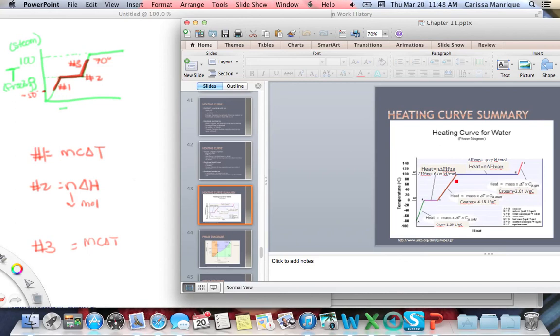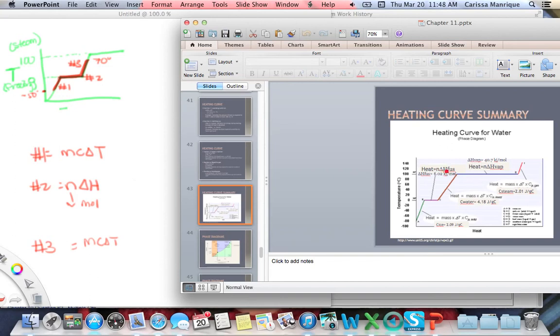In between, these are all the temperature ranges where it's a liquid. Right here at this point it starts to change into steam, and anything above that is fully steam. So wherever the change occurs, that's the flat point, and here we have different delta H's.